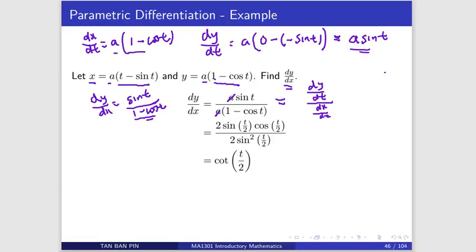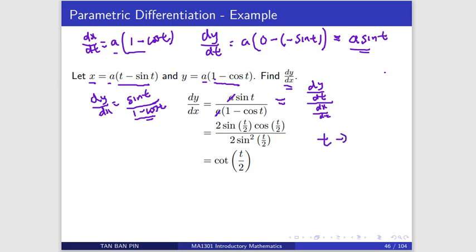You know that sine 2a is 2 sine a cosine a. So we take this as sine 2 times box equals 2 sine box cosine box. If you look at the question, you want to change it to t/2.